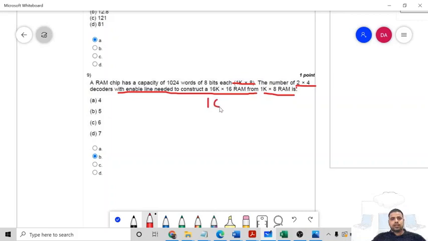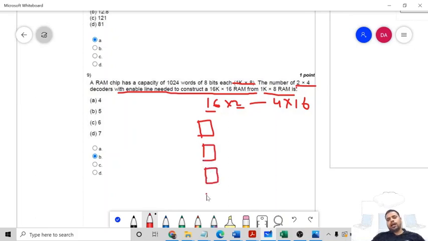You'll get 16 into 2, 16 vertically and 2 horizontally. So for this you need a 4 cross 16 decoder. In order to realize this using 2 cross 4 decoders, you need 4 decoders in the inner level and 1 in the outer level. Okay, so we need a total of 5 decoders.